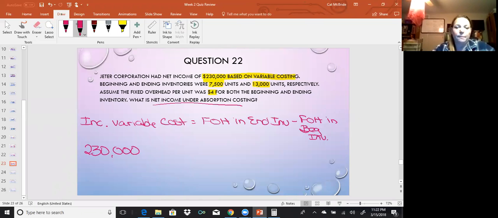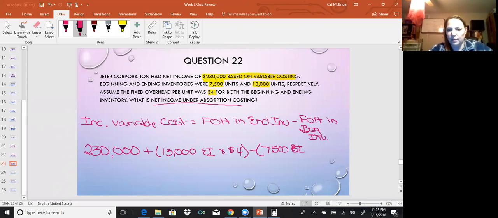So I'm going to say I had 13,000 units in ending inventory, right? Times, I'm only concerned with the $4. Minus, I had in beginning inventory 7,500 times the $4. So I started out with 230,000 in net income.